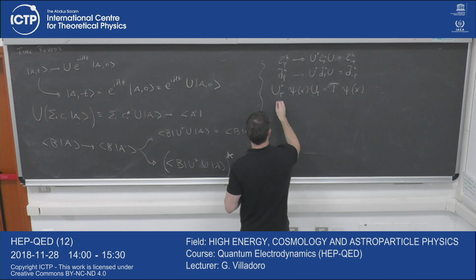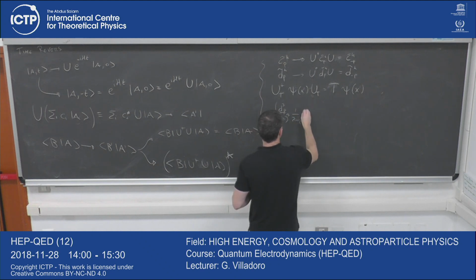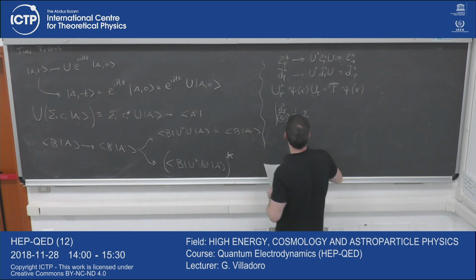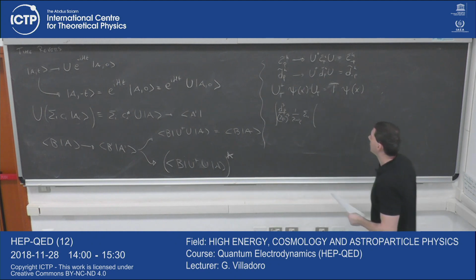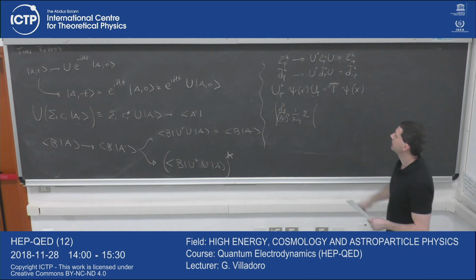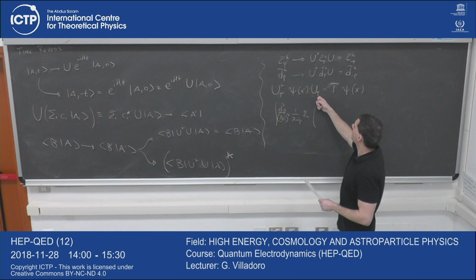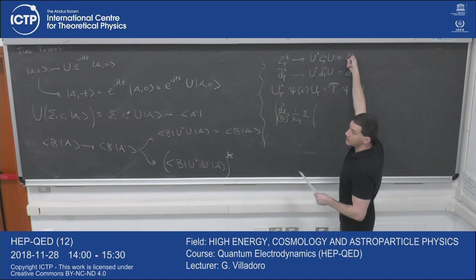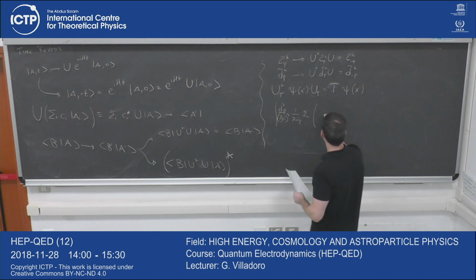So the left-hand side will be the integral d3p over 2 pi cubed, 1 over 2 omega p, sum over h. Then we have a C, but with the U, U dagger C U, which must match with the C minus p h. So I can write directly C tilde minus p h.